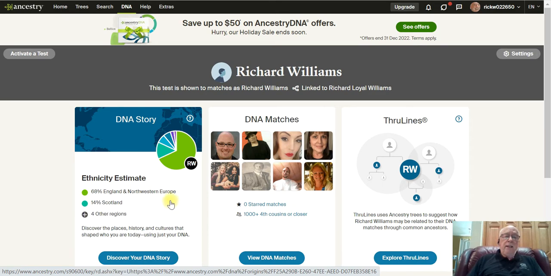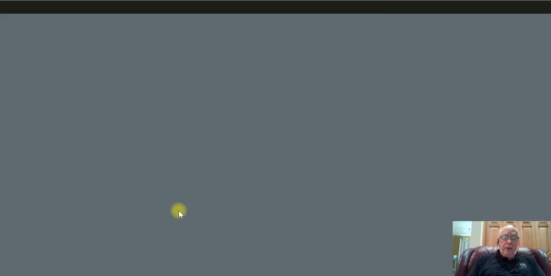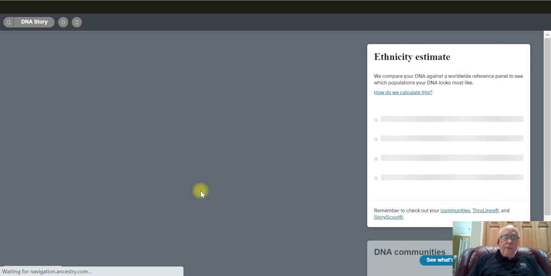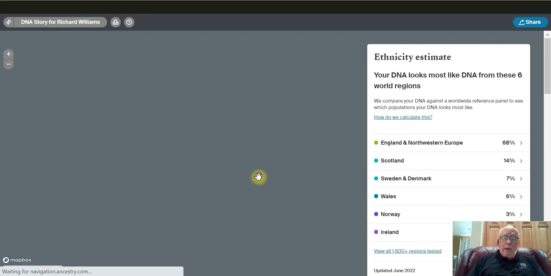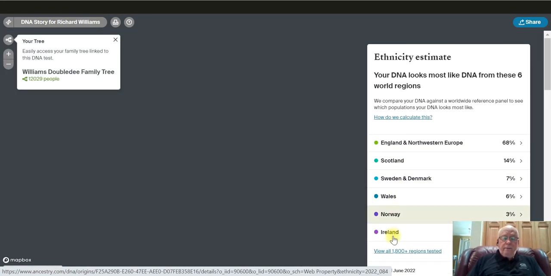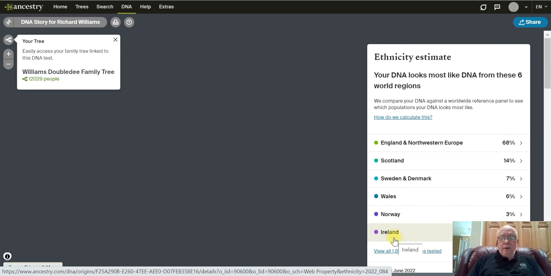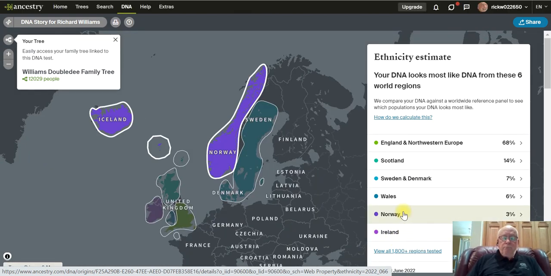This changes as they improve the program, the algorithm to determine what my ethnicity is. Of course, there's a more detailed breakdown that you can go through to see what other kinds of heritage are in my DNA, and I'm not going to belabor this point because this is all again subject to change as things go along.